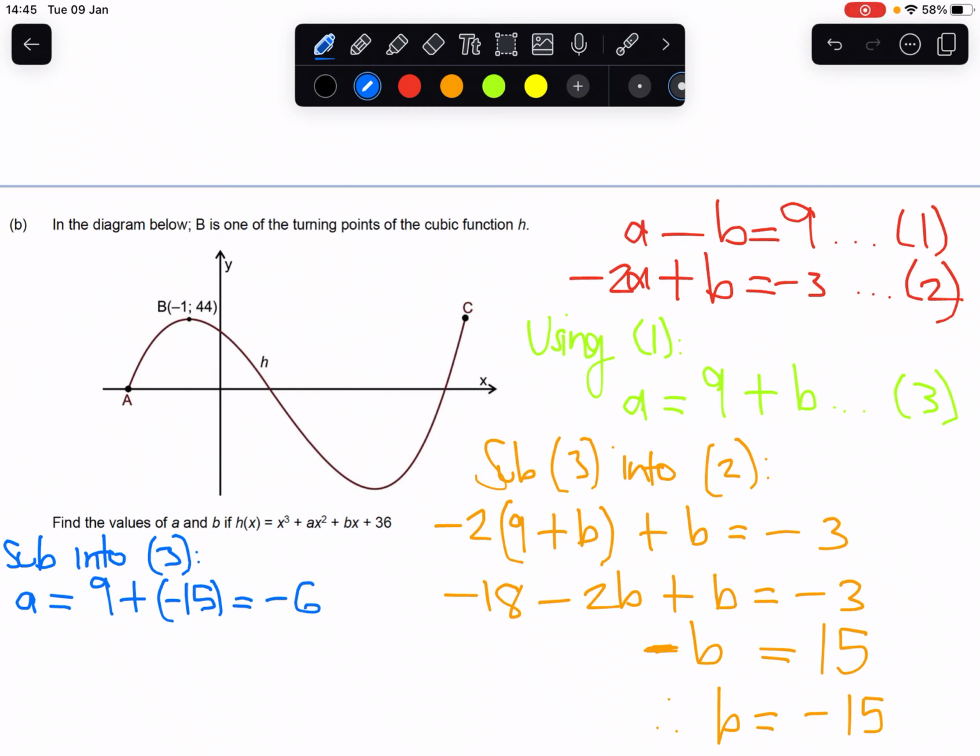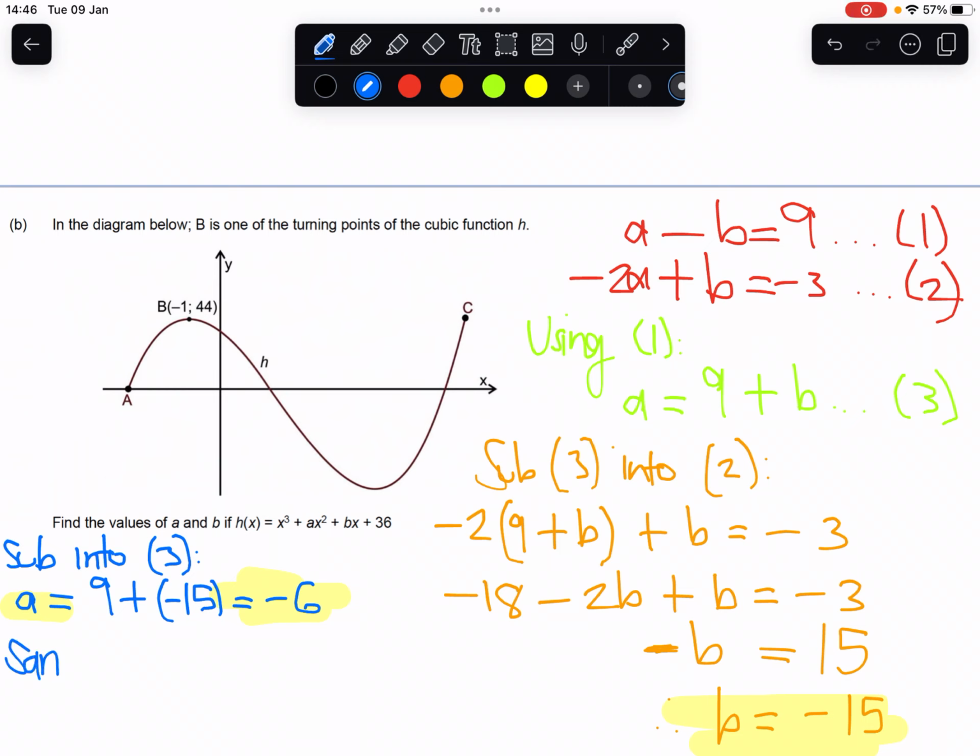And you know by now, sanity checks are my favorite thing, okay? Just to see if your calculations still have integrity. So if we take a is equal to negative 6, b is equal to negative 15, and we put it into this equation, for example, then we should get minus 2a plus b equaling minus 3, right? So let's try it out and see.